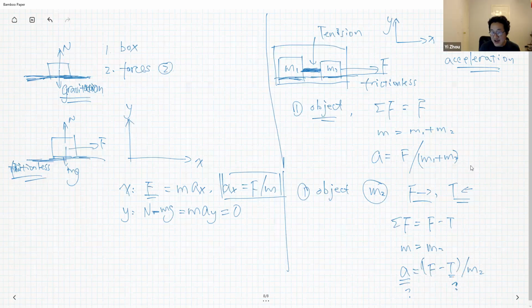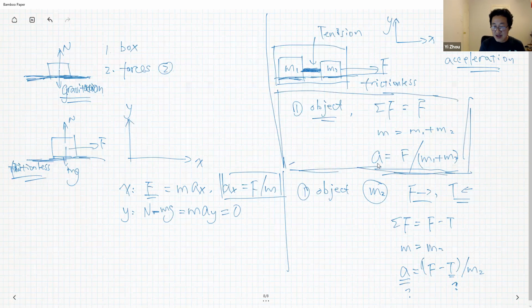Actually, we already solved A from here, right? So to find the tension, we actually have two analyses. One is we study these two objects as one, then we find acceleration. This acceleration can be applied here because they are the same.